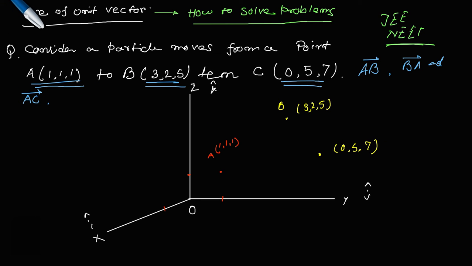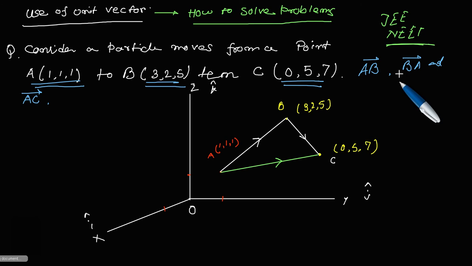The problem is we have to find some vectors. That is point A to B first. Then we have to find another vector, that is B to C, and finally the vector we need is AC, that means this, in the direction A to C. The naming tells you what you want to calculate.